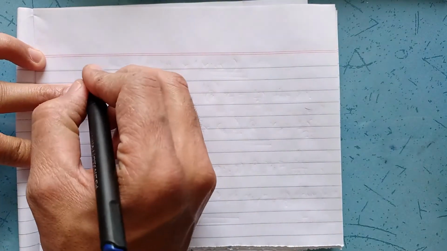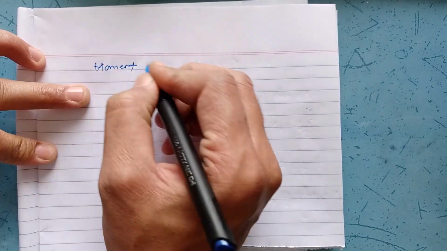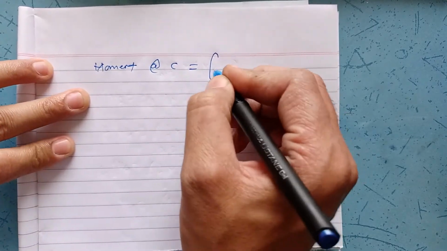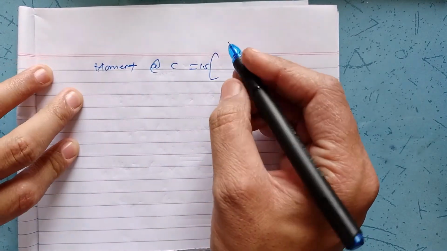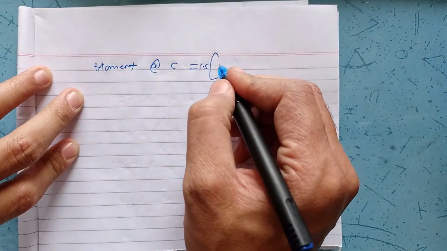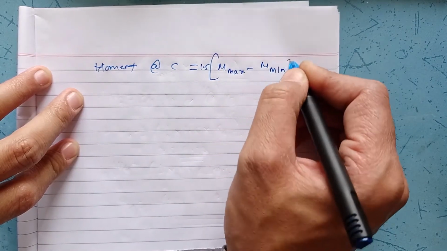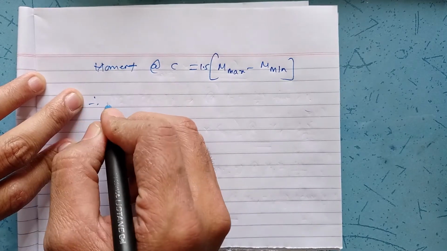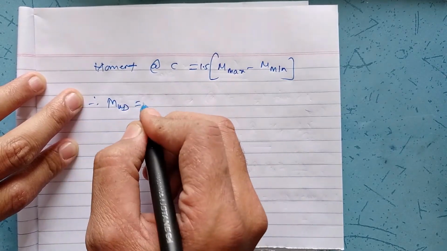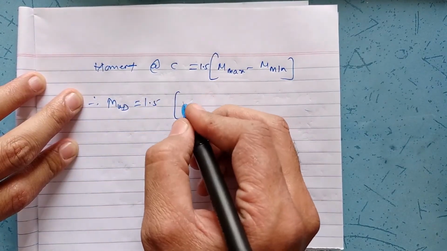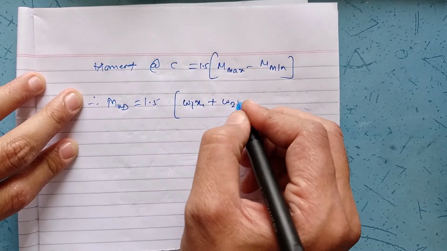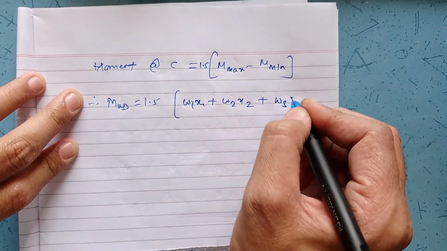Now we are supposed to calculate the net moment about C, where we are factorizing the moment by 1.5, that is maximum moment minus minimum moment. Hence the ultimate moment will be 1.5 into W1 into x1 plus W2 into x2 plus W3 into x3.